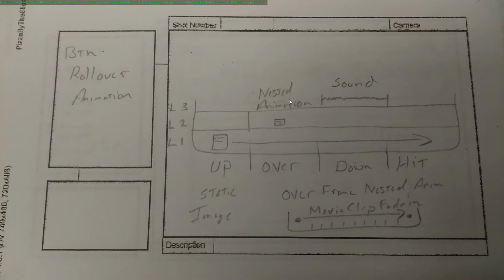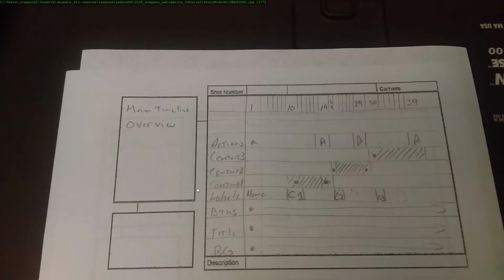In the over state, we're going to have a small nested animation where as they roll over, additional information will fade in. When they click the button, it will play a sound, which we will place in the down frame. And then when it is released, the code that is attached to it will be executed and the user will be taken to the appropriate content.